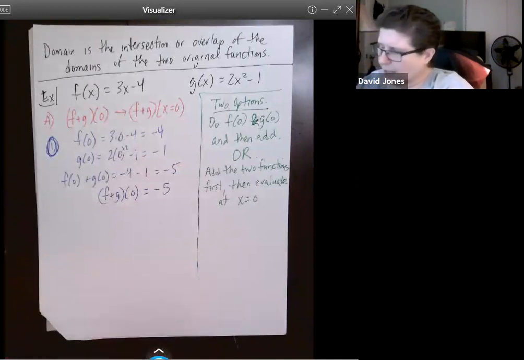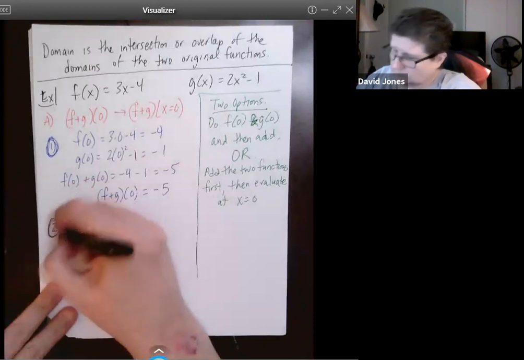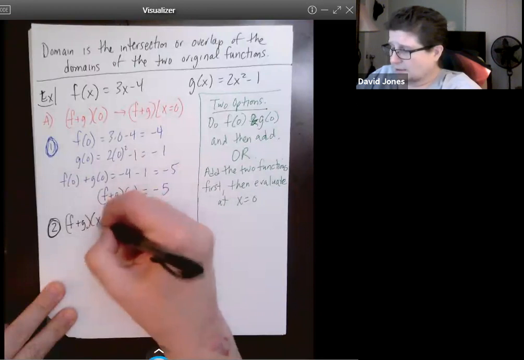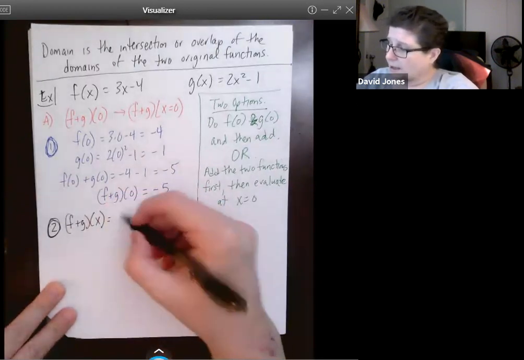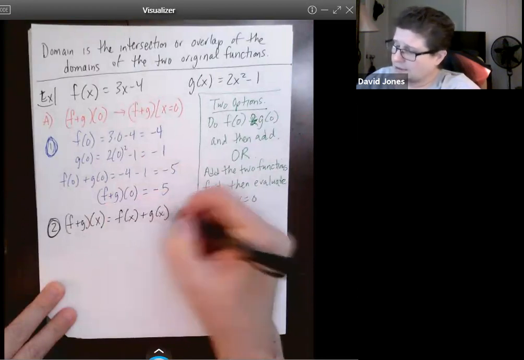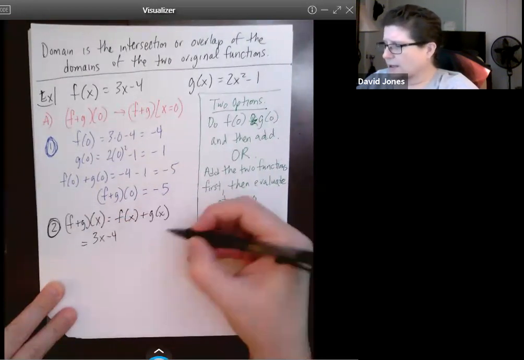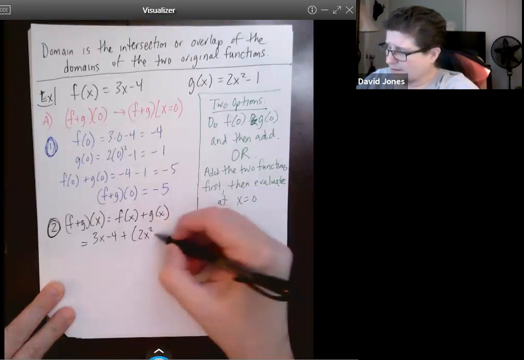Now let's take a look at option 2. F plus g of x equals f of x plus g of x. And f of x is 3x minus 4. And g of x, I'm going to put in parentheses.